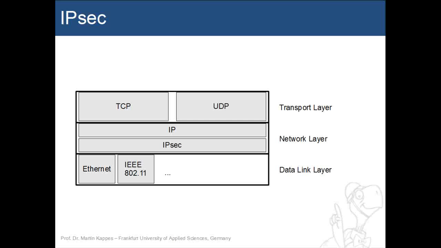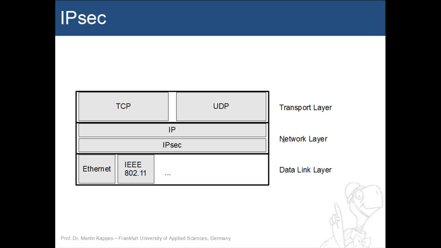Security associations can operate in one of 2 modes, so-called tunnel mode or transport mode, and we'll get into these modes in a second after looking into where IPsec actually resides with respect to the protocol stack. And this is depicted here. As you see, we have the transport layer, and then as interface to the network layer, we still have IP, and then below that there is IPsec protecting IP packets which are being processed on the machine.